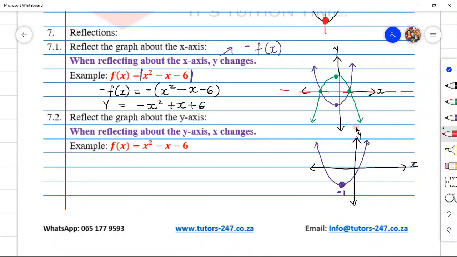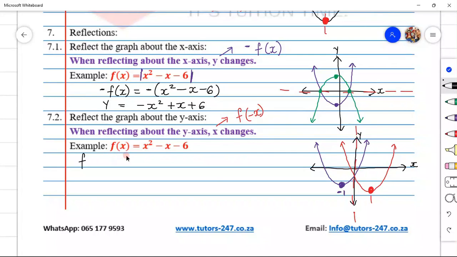If we were to reflect our graph about our y-axis and fold our paper along this line, our new graph would then be something like this, whereby our new x value of our turning point would be +1. So as you can see, the x value has changed, but the y value will remain the same. So if we want to change our x value, all we need to do is multiply our x by a negative. So let's do that here.